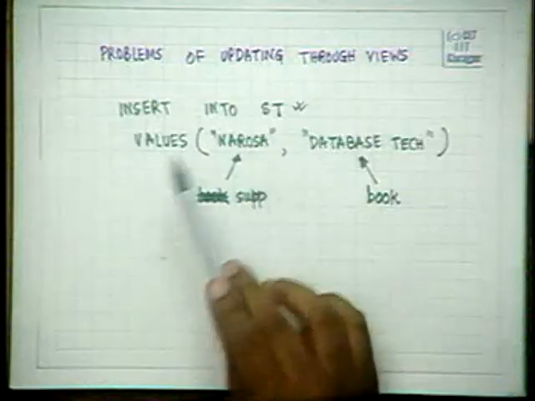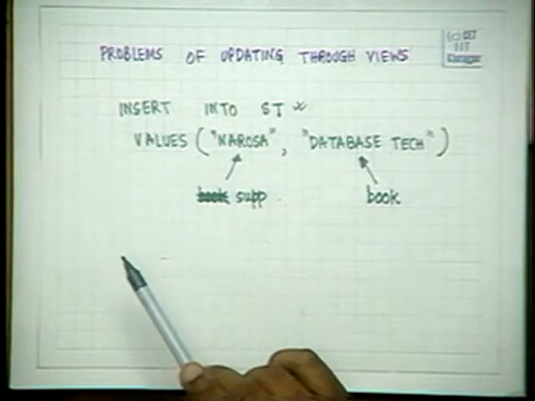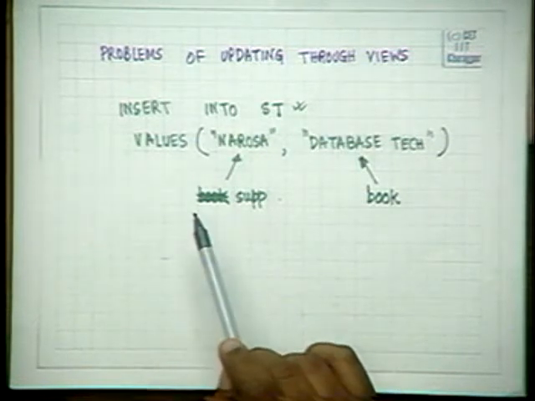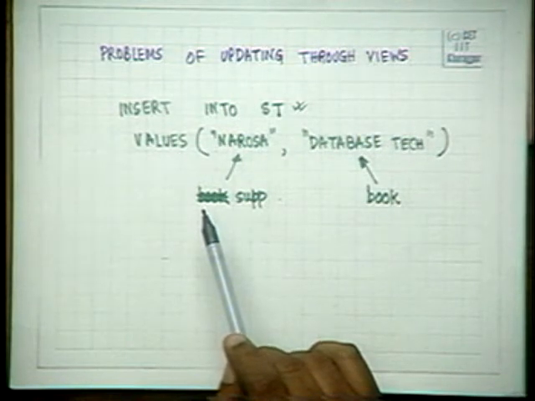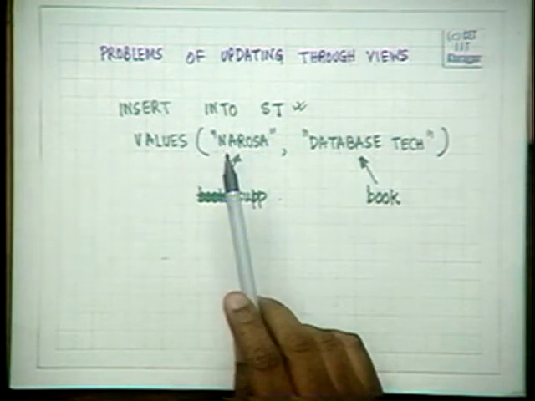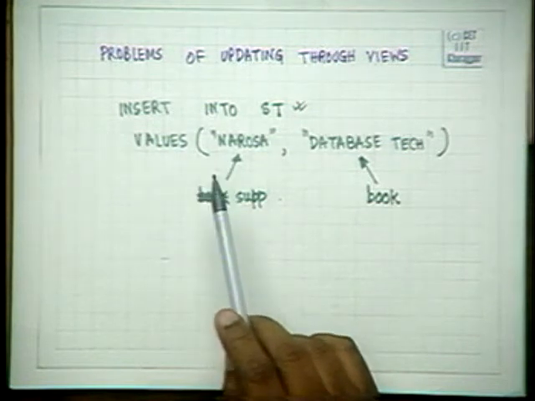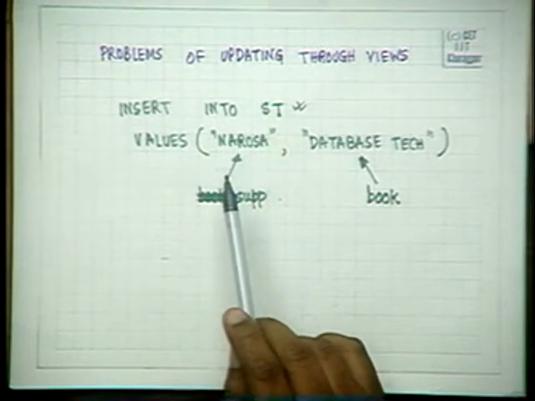If the view was created from a single relation, then in some cases you are allowed to update, because subsequent queries and modifications of the database may be handled. But if you are updating through views created out of more than one relation, they may create a lot of other problems relating to integrity constraints. Therefore, updating through views is normally not allowed. Querying through views is very standard and is usually always allowed.